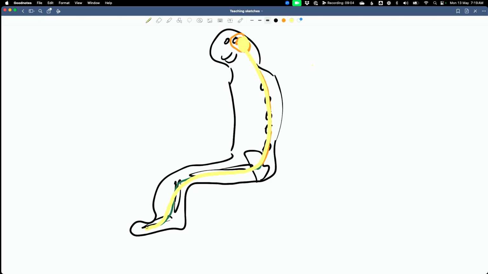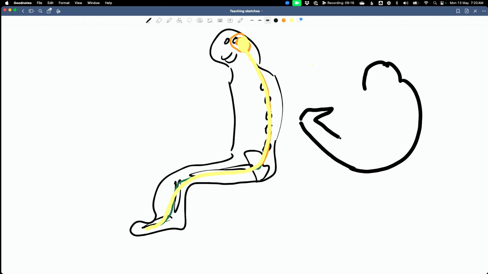Now, when you bend your head forwards, bend your back, straighten your leg, and dorsiflex your foot, you stretch out that nerve to its longest possible stretch.